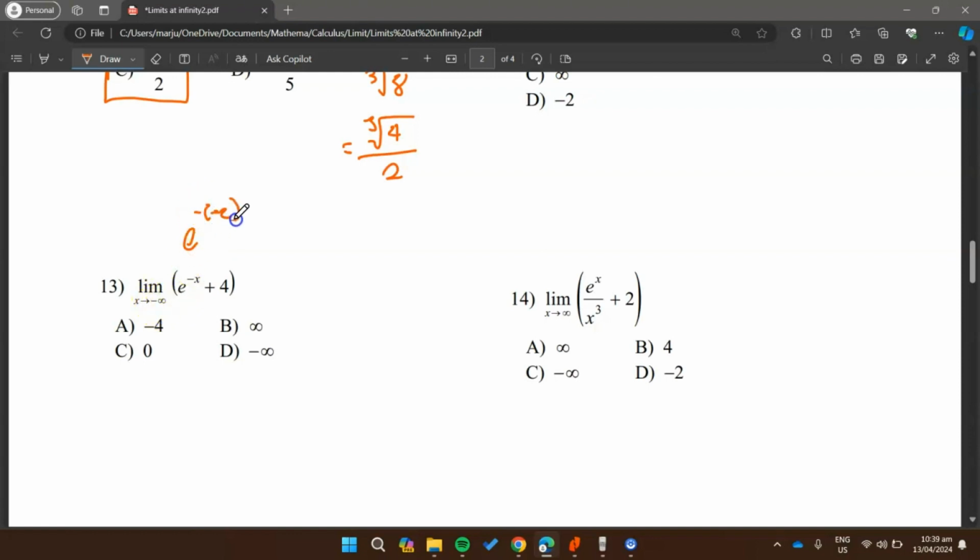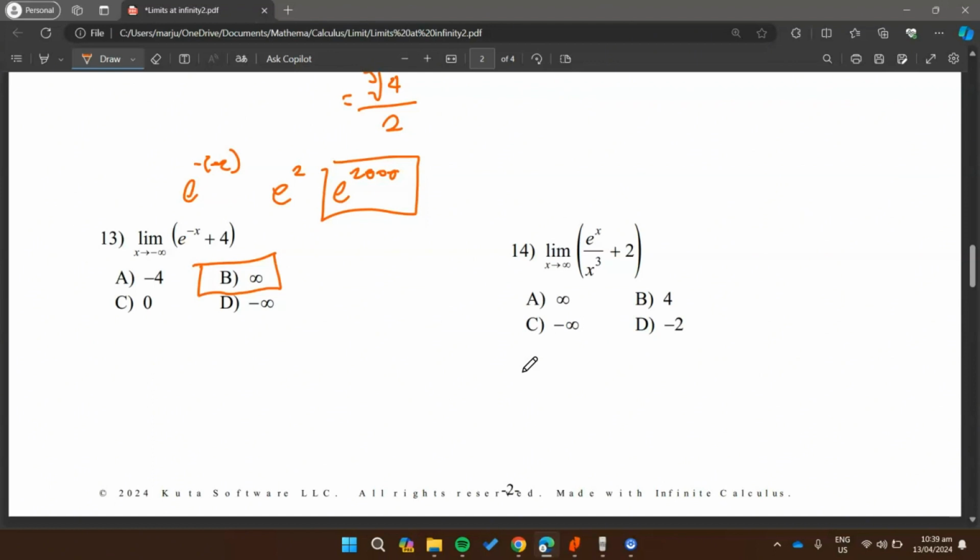So negative 2. So basically this will become, the exponent will become positive. And then as we approach negative infinity, the exponent will get bigger and bigger. And again, this will give us what? A positive infinity.